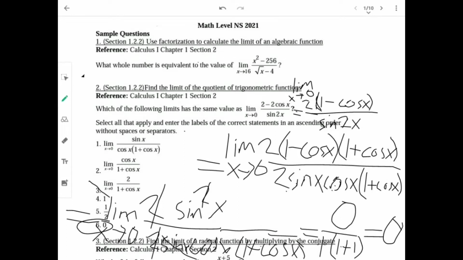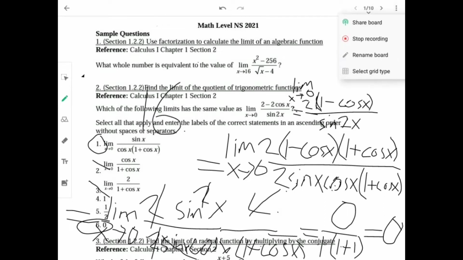Cosine x over 1 plus cosine x, again it doesn't correspond, so cut that out. Sine x over cosine x into 1 plus cosine x, it matches this one over here, so that's why it's 1. So 1 and 6. Next question.